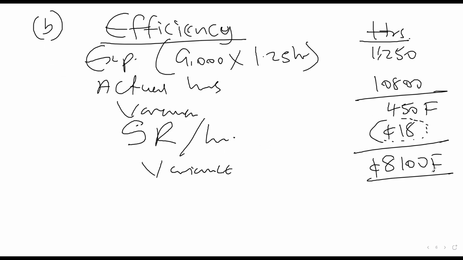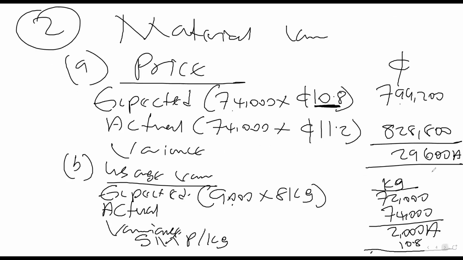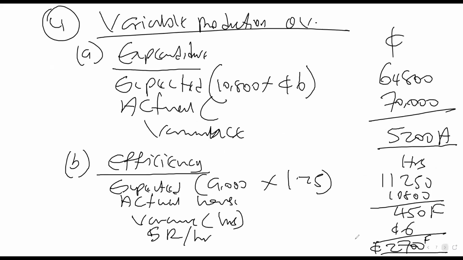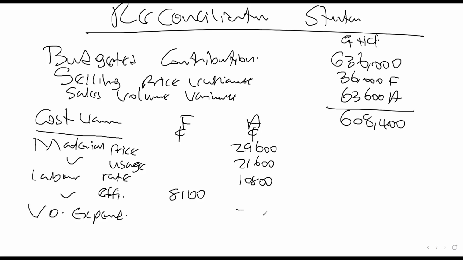Labor efficiency is favorable, 8,100. It's correct. So variable overhead efficiency is 2,700. Please add all for me.